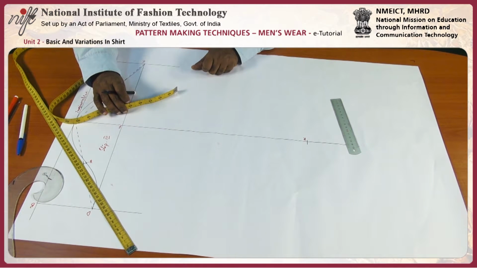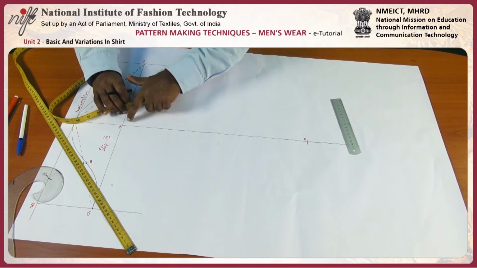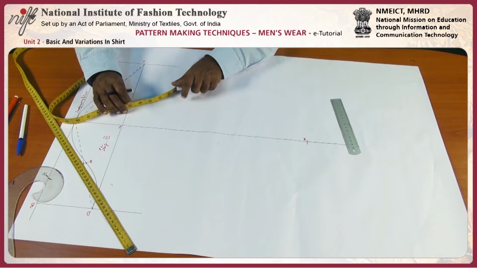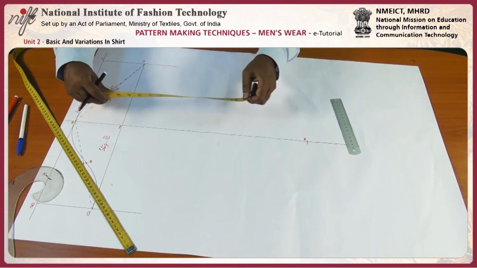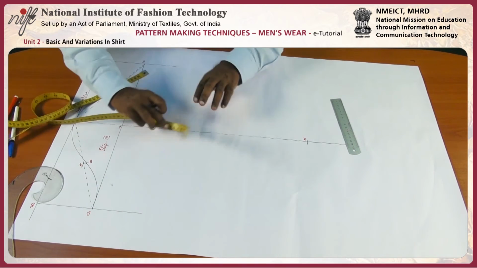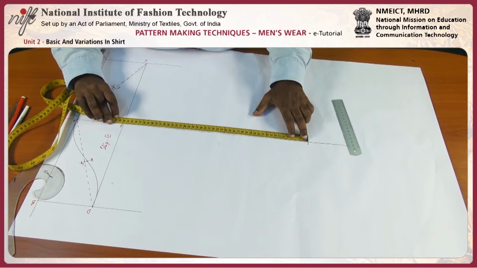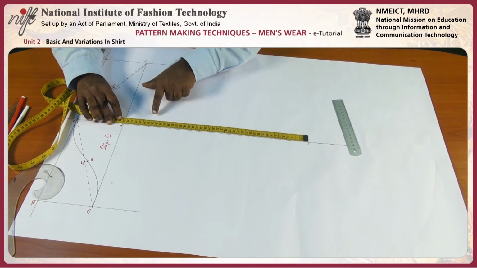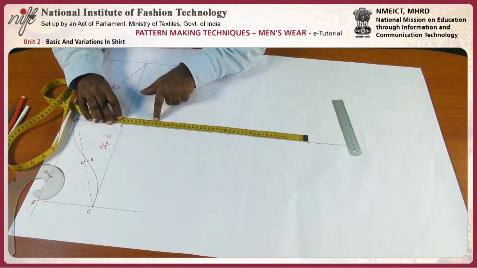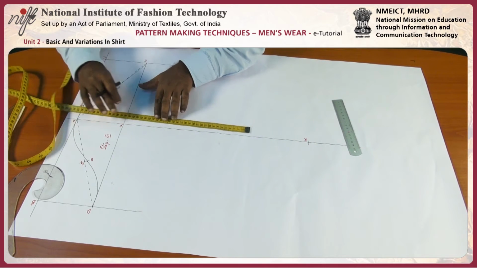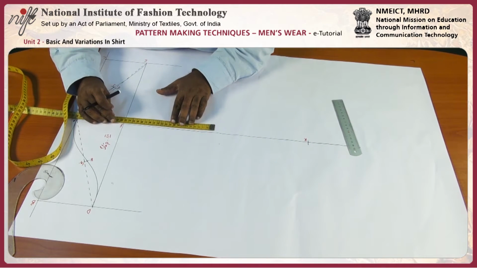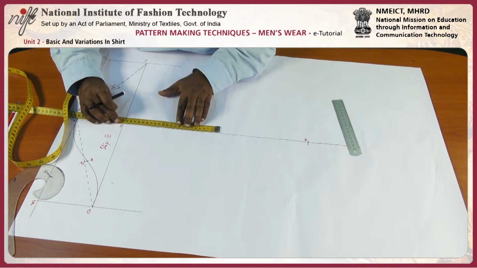Now, F to L is half of FK plus 1 centimeter. FK is 44, half will be 22.25, plus 1, 23.25.